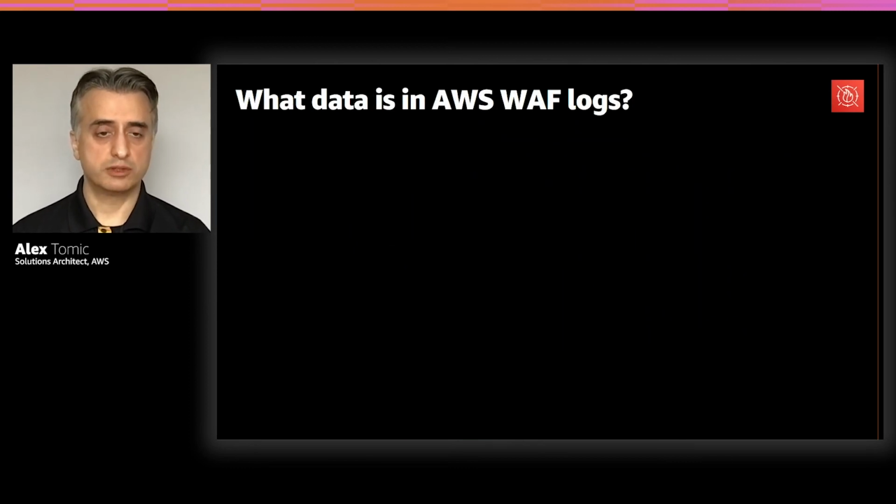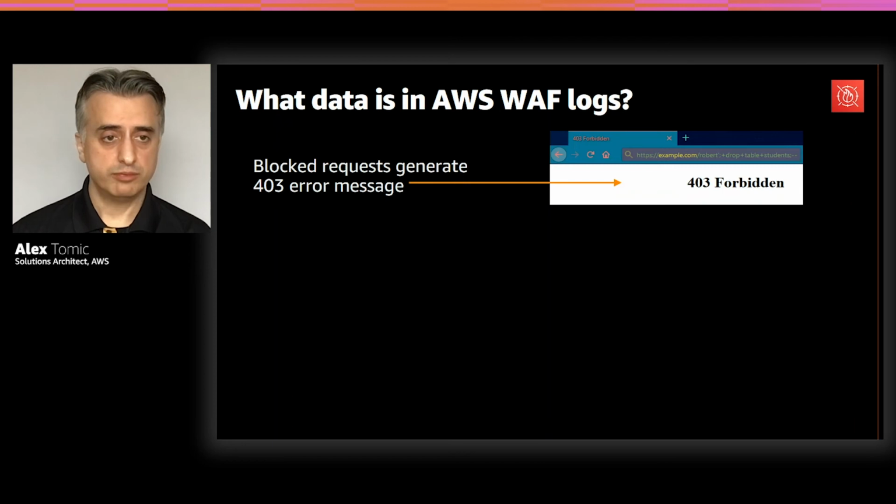WAF full logs contain comprehensive records of all requests, as I mentioned, but they'll tell us if they're blocked, allowed, or simply counted. If WAF is blocking a request, it will generate a 403 message to the client, and you can customize this if you're using CloudFront.